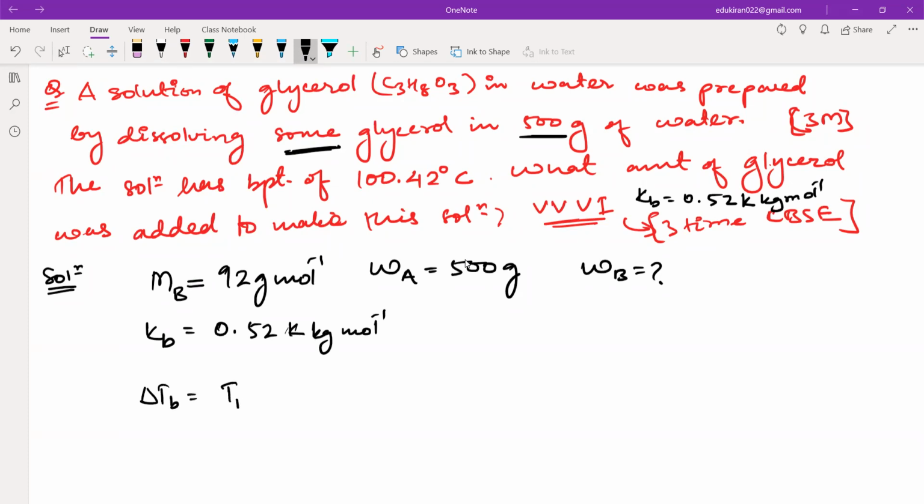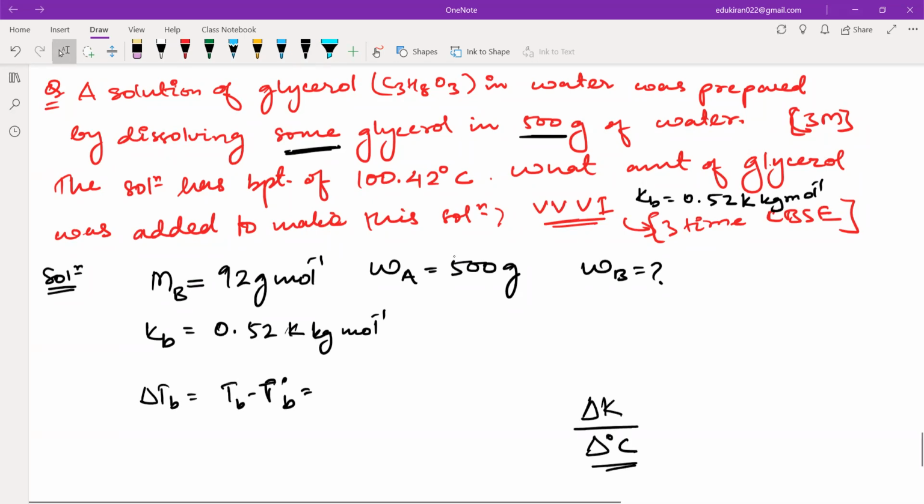It is equal to TB minus T naught B. Here note that the difference calculated in Kelvin or in degree Celsius, both will be equal. Yes or no, please tell me. Both will be equal. Yes, sir. All of you know this. Those who are not sure should write it down. Now, what will be the TB?